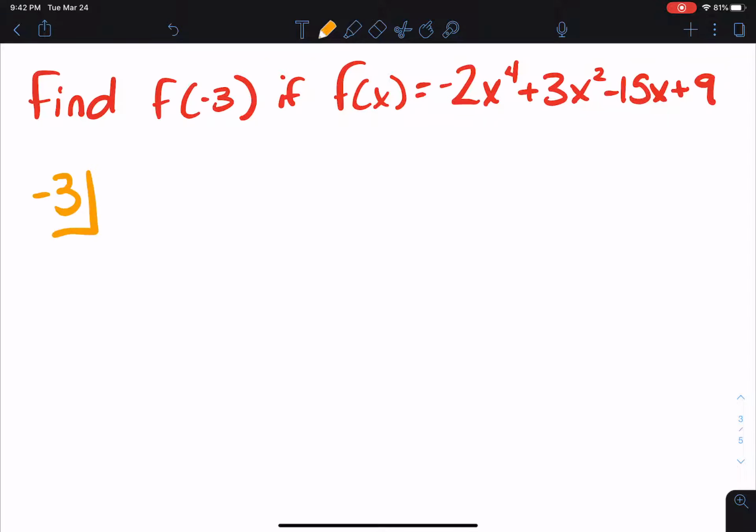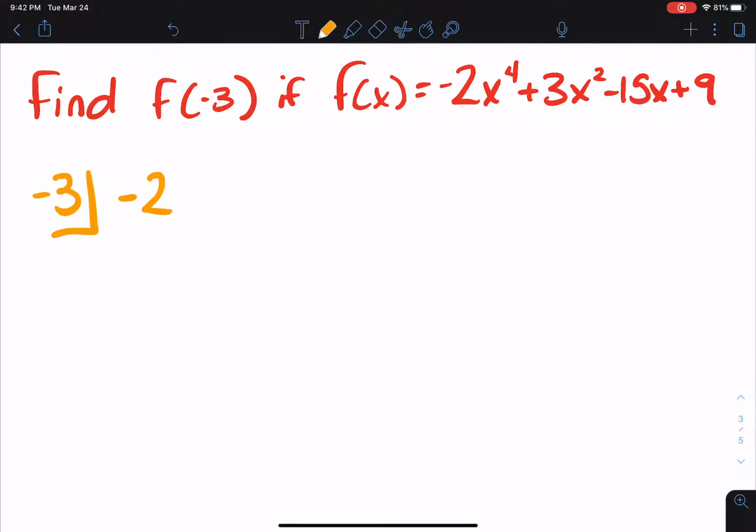So negative 3. I just want to write my coefficients. So negative 2. Now notice that there isn't anything in the spot for x to the 3rd right here. There's no x to the 3rd. We go from 4 to 2.